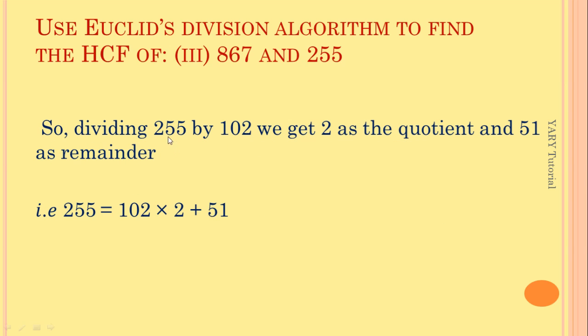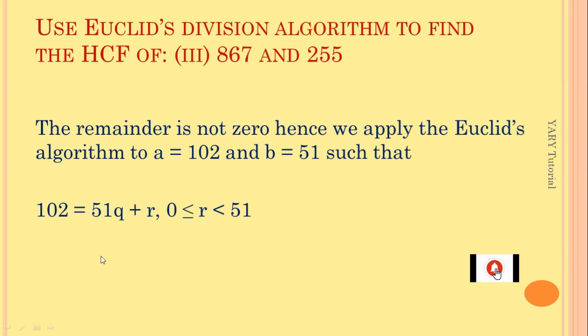When we divide 255 by 102, we get 2 as the quotient and 51 as the remainder. So 255 will be equal to 102 into 2 plus 51. Again, in this step, we see that the remainder is not equal to 0. So we will be repeating the step.